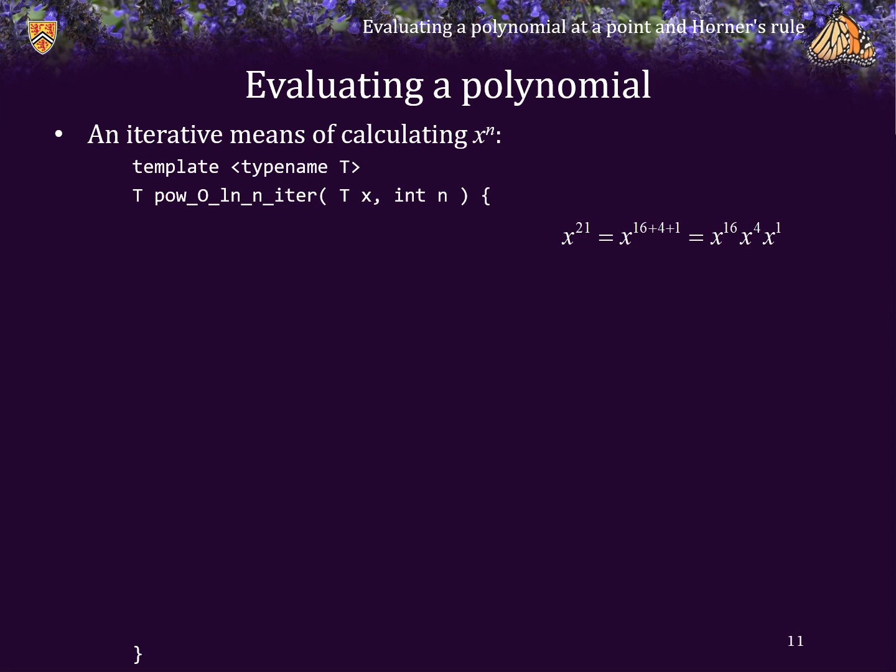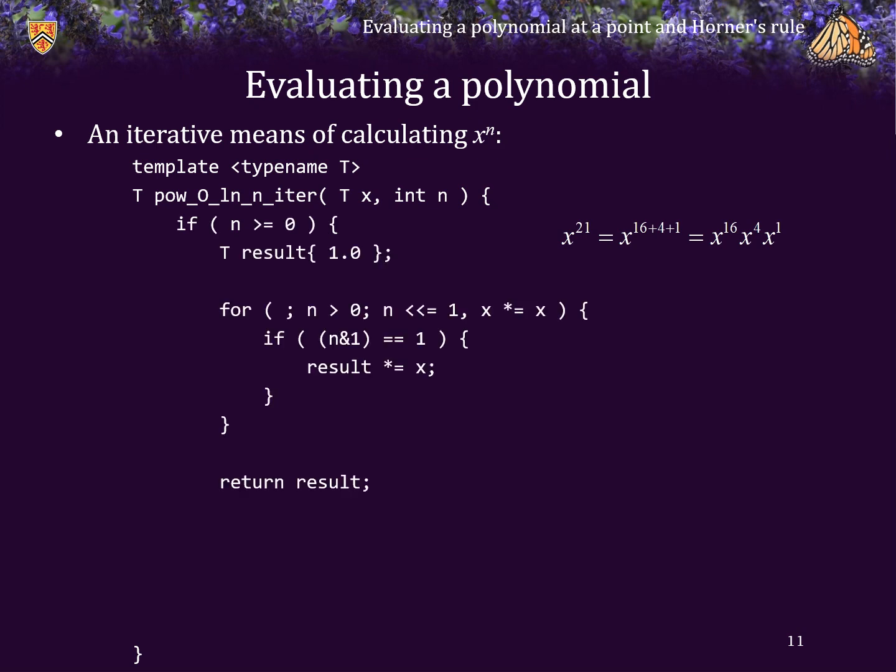So what we could do is start with x, square it, and continue squaring it, and only adding that power of x if there is an appropriate bit in the binary representation of the exponent.